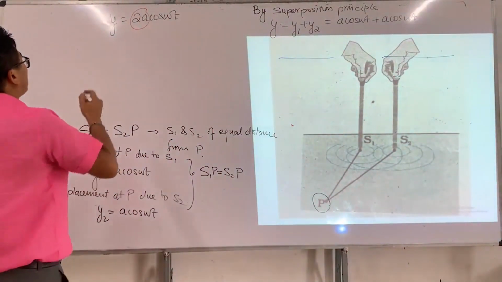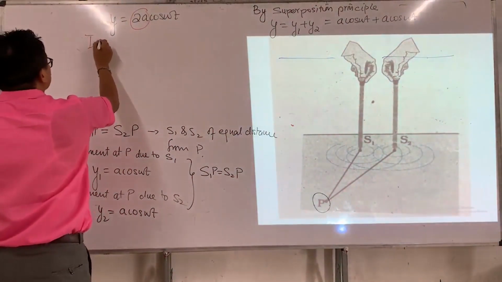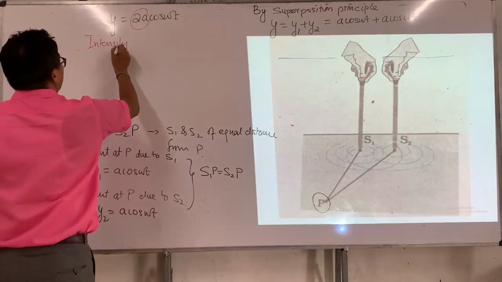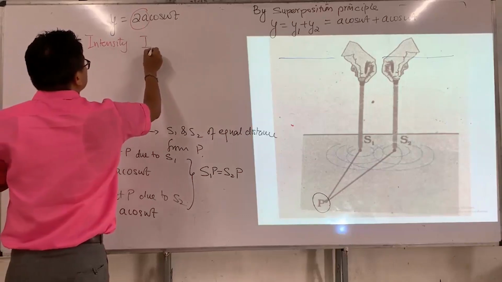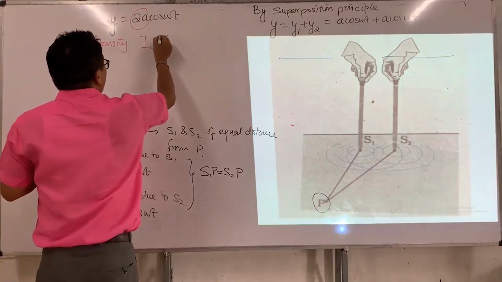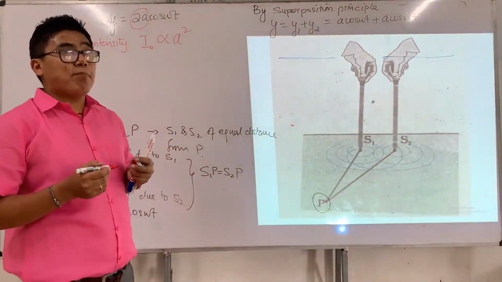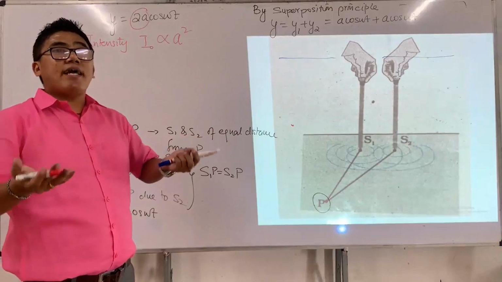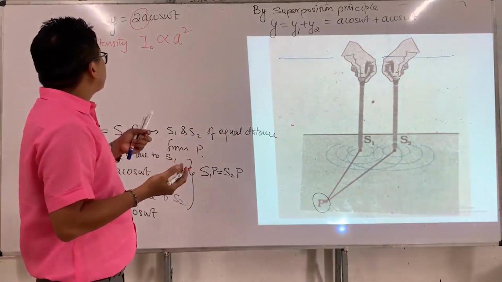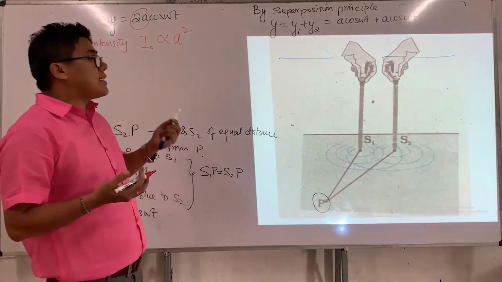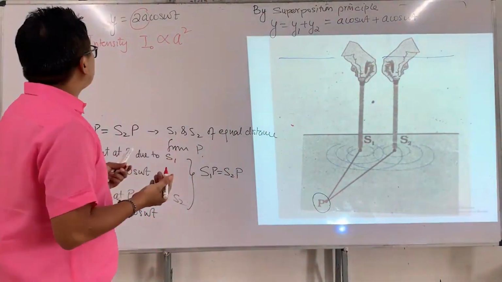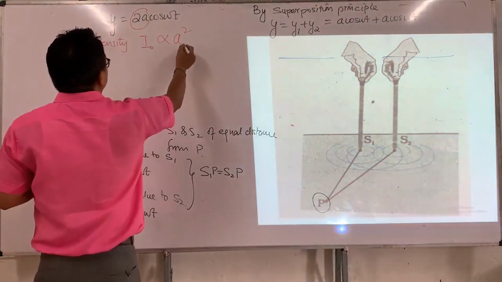We all knew that the intensity is proportional to the square of the amplitude. So amplitude defines intensity, and intensity is proportional to the square of the amplitude. So therefore this is going to be this.